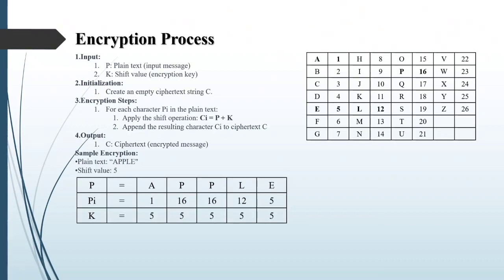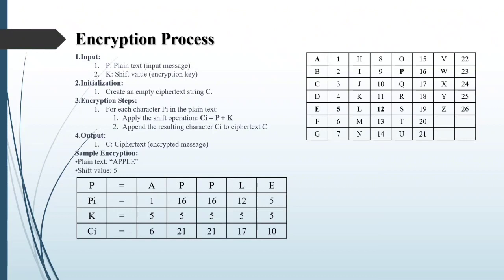Now we use our encryption key, and the key value here is 5. Now we use the shifting operation Ci equals Pi plus K. Our plain text index values: 1 plus 5 equals 6, 16 plus 5 equals 21, 16 plus 5 equals 21, 12 plus 5 equals 17, and 5 plus 5 equals 10.